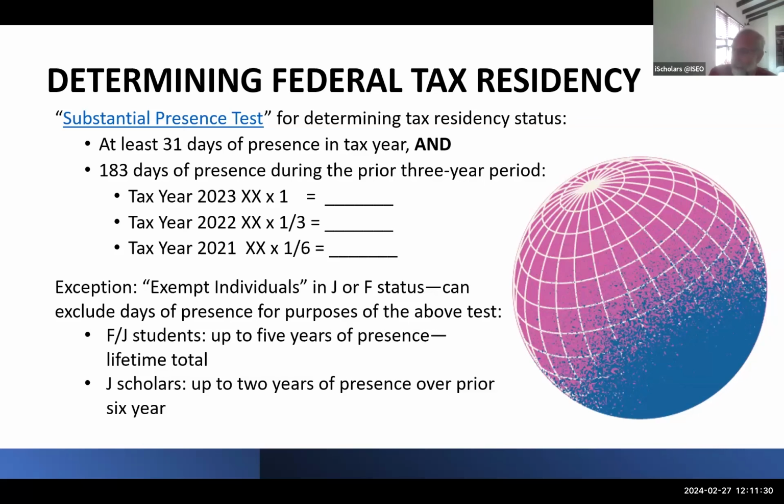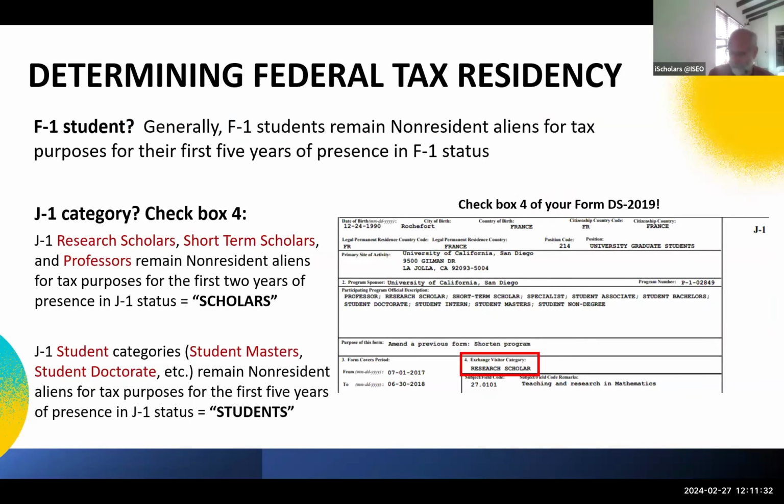So anyway, I've explained the overall substantial presence test. Let's look at a couple other factors that play into this. The first is for our J1 exchange visitors, some of you may be student category, and others may be scholar category.